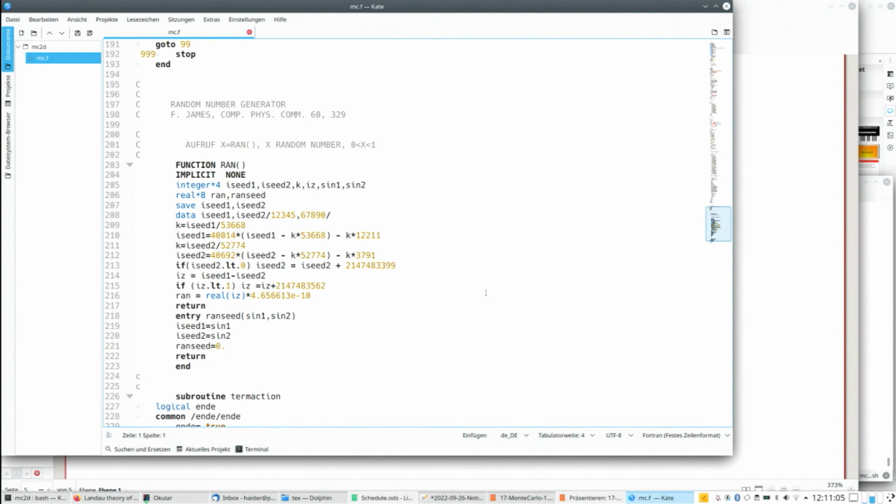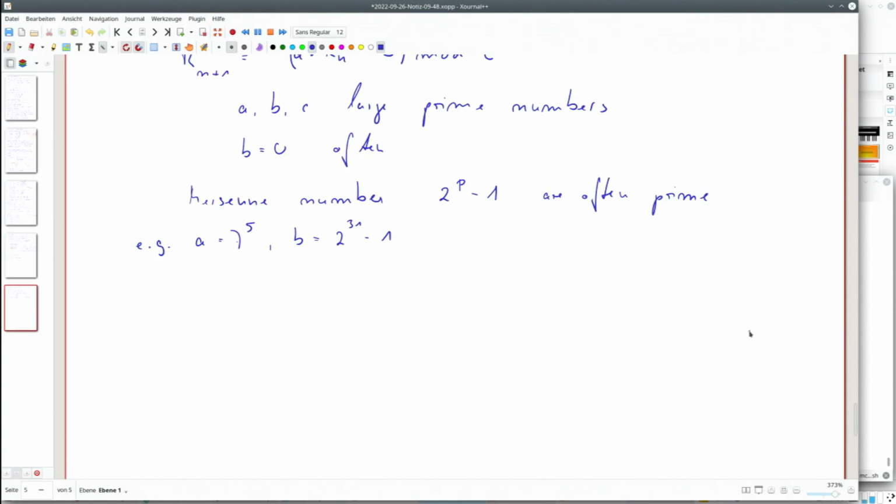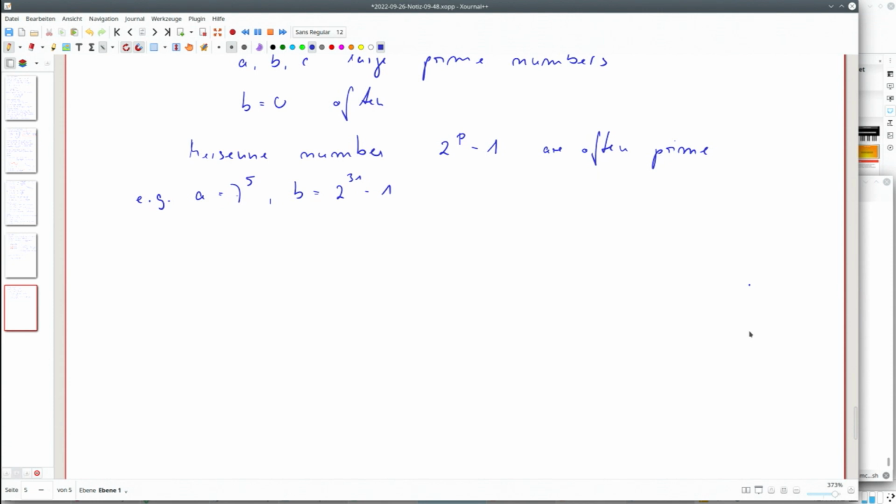And the multiplication is, in this case, done in 2 steps because it's old code. But better ones are so-called Mersenne twisters, not sisters, but twisters.